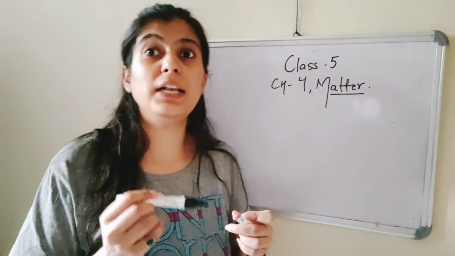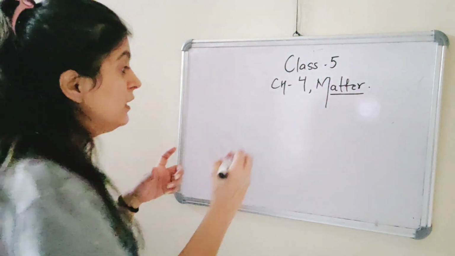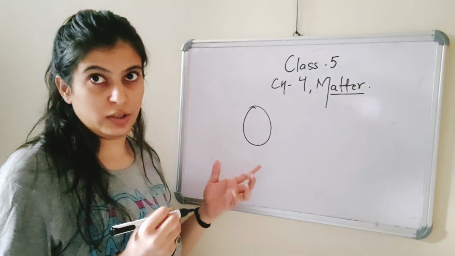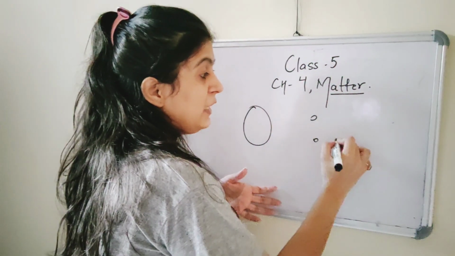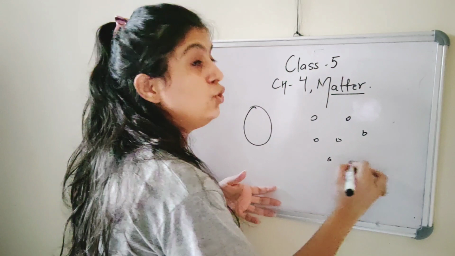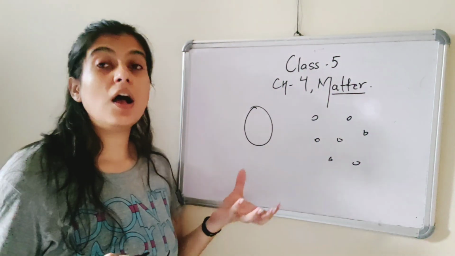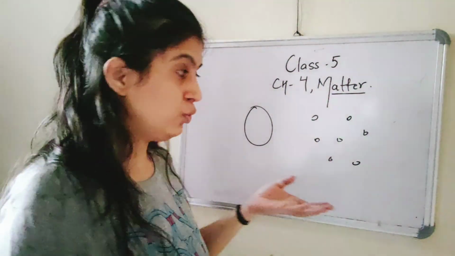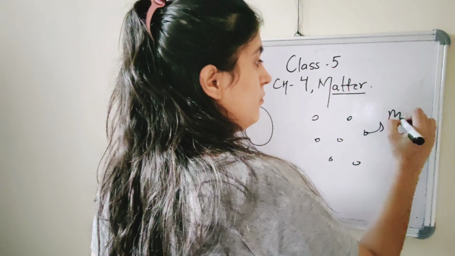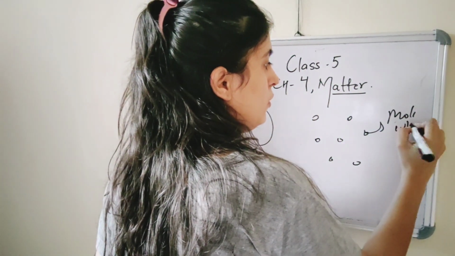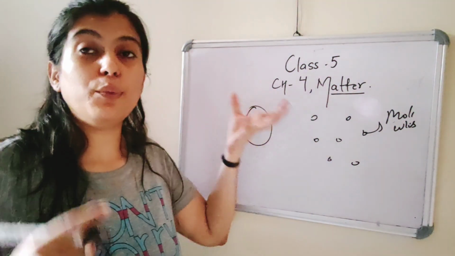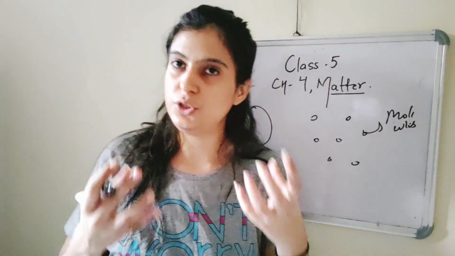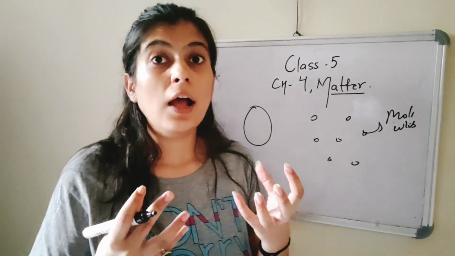So basically, we can conclude that this sugar crystal gets converted into very tiny particles, and those tiny particles are called molecules. So matter is made up of very tiny particles which are called molecules.